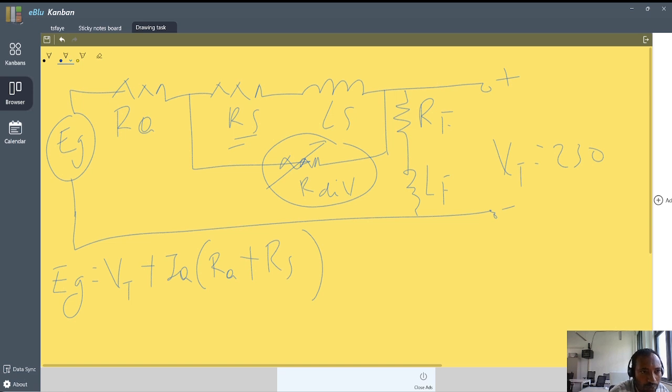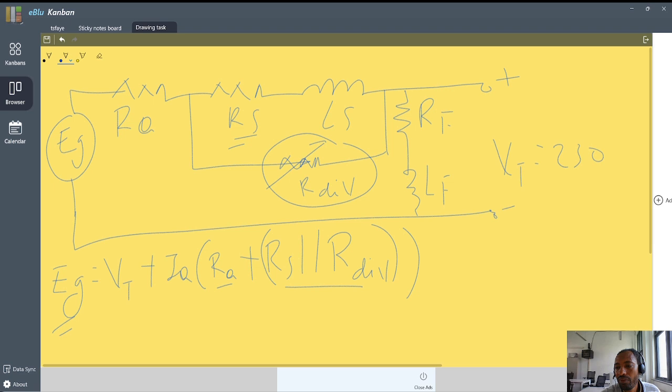This is going to be in parallel with R diverter. That is the only difference. So we have to get the parallel combination of this and add it to RA, and get IA, and we can calculate EG. That is something new here.